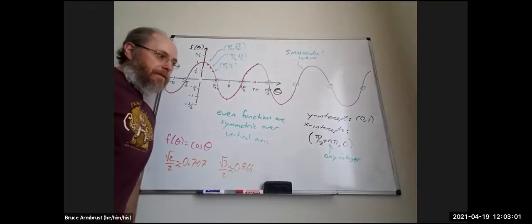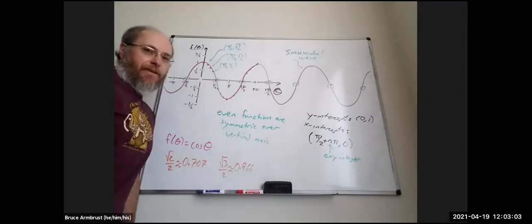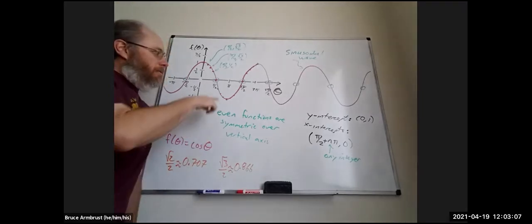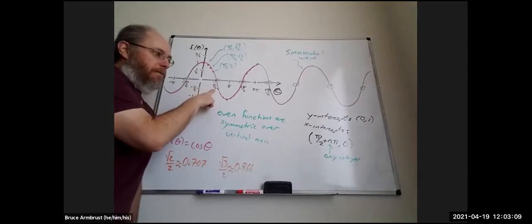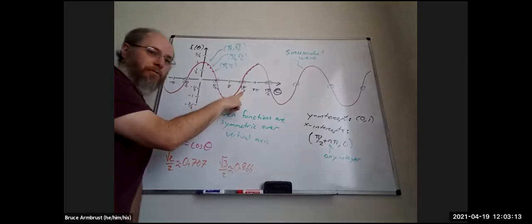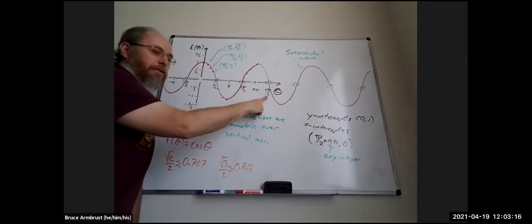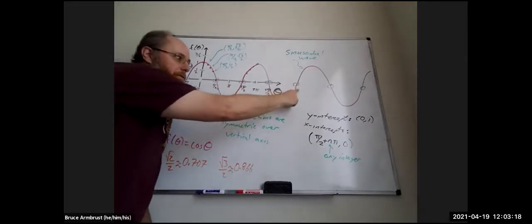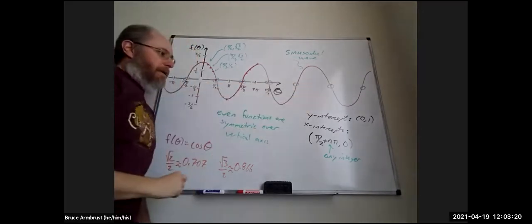But basically, this is just saying add your favorite number of pi's to pi over 2. So this is pi over 2 and no pi's. This is pi over 2 plus 1 pi, pi over 2 plus 2 pi, pi over 2 plus 3 pi, 4 pi, and so on.